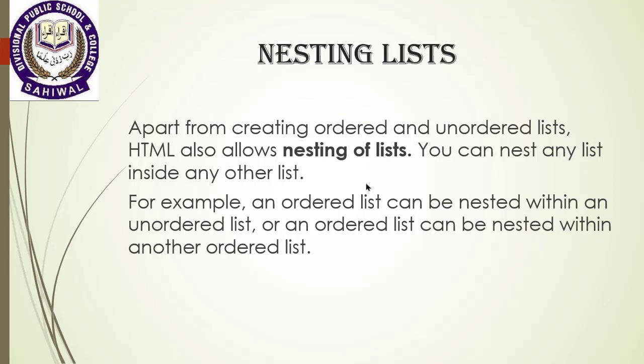For example, an ordered list can be nested within an unordered list, or an unordered list can be nested within another ordered list. Students, let's see how we can nest a list within another list in an HTML document.